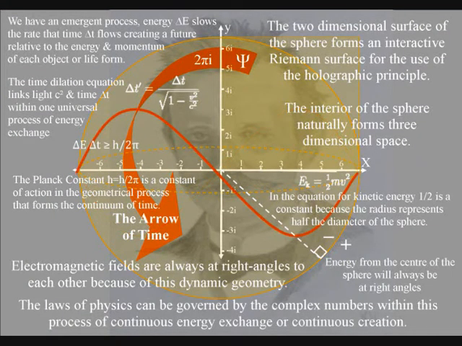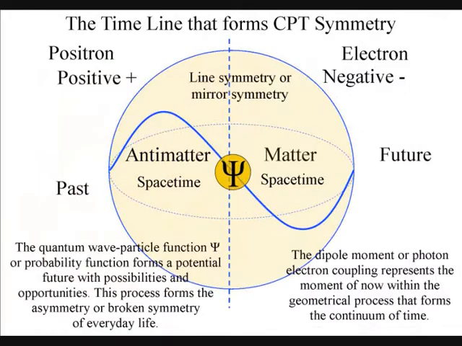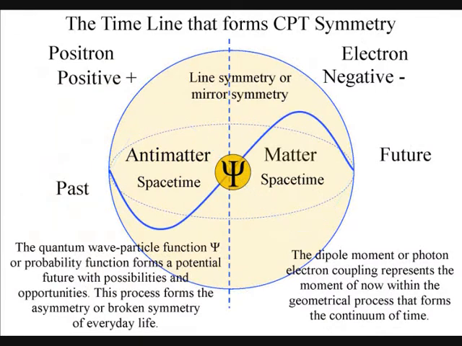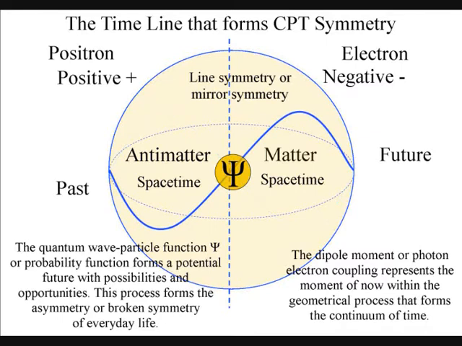There is symmetry between the positive and negative numbers, representing the symmetry between the future and the past, as the future unfolds, with each photon-electron coupling, or dipole moment. This forms CPT symmetry, with symmetry between charge, parity, and time.